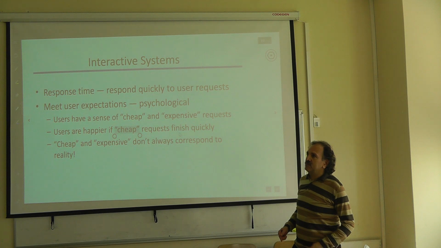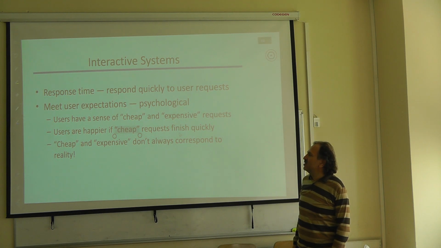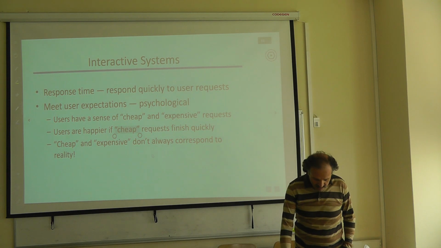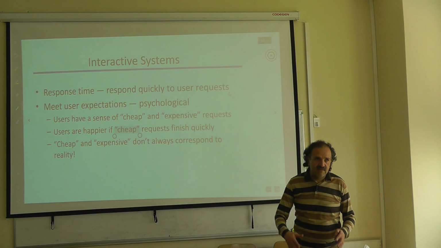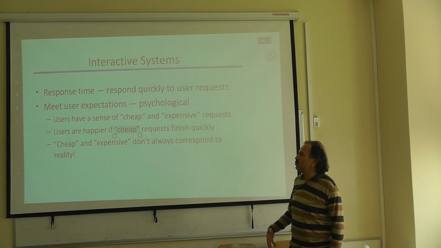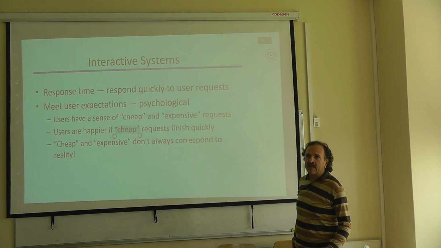There is no perfect definition for a cheap request, but cheap requests are the requests that the user thinks are very easy to implement. Like when I move the mouse, I think this is very cheap in terms of CPU usage, so it should be completed in a small amount of time. But if I am uploading 2 gigabytes of video to YouTube, it should take half an hour, right?